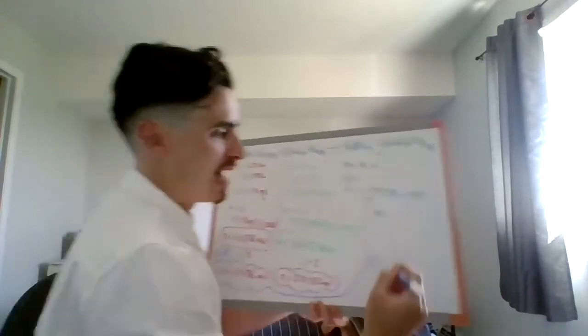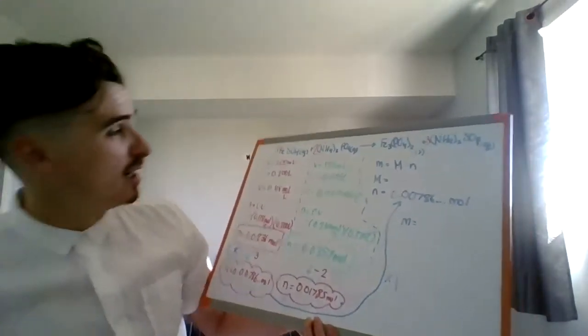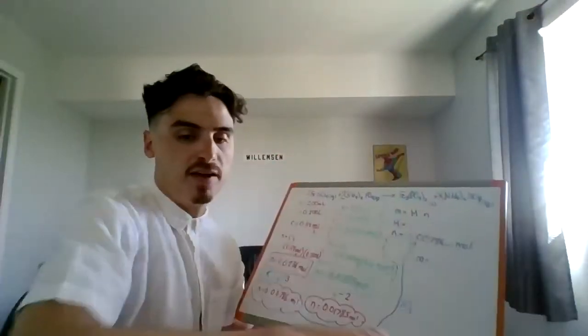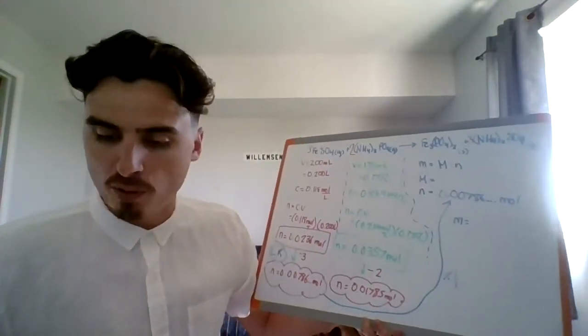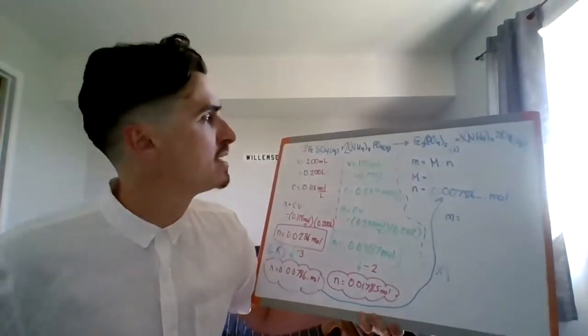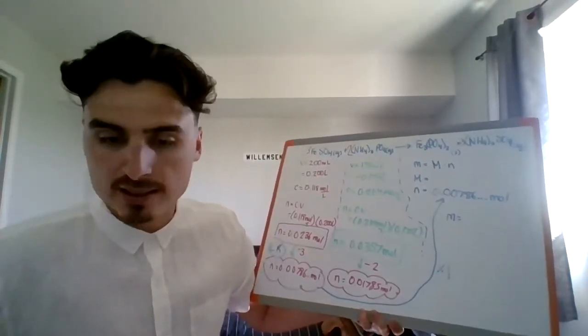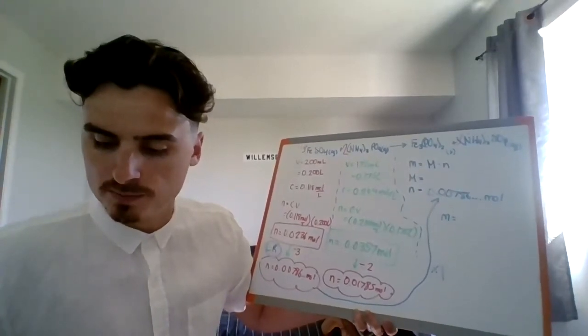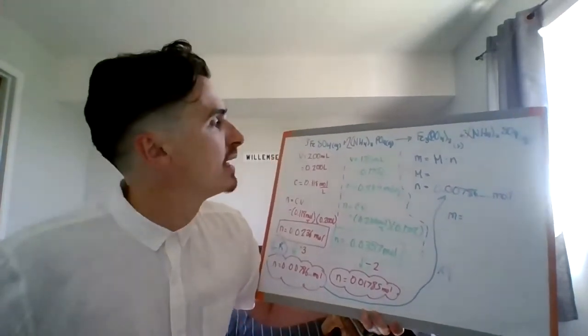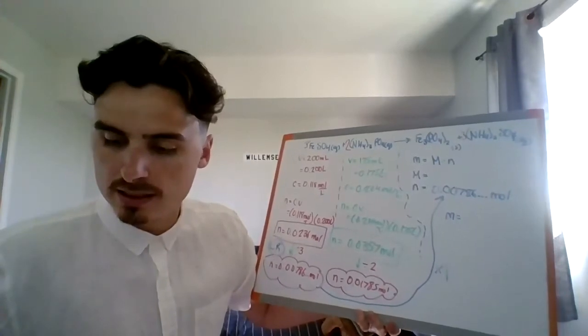Okay, I need the molar mass. Molar mass of iron phosphate. I'm going to get 3 irons, so 55.85 times 3. I'm going to get 2 phosphoruses plus 30.97 times 2. And then I'm going to get 8 oxygens.